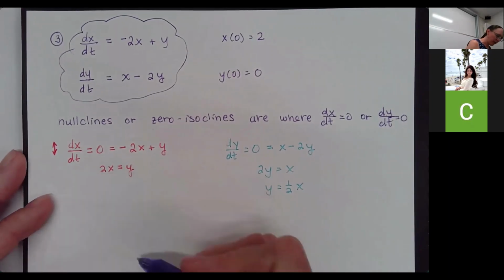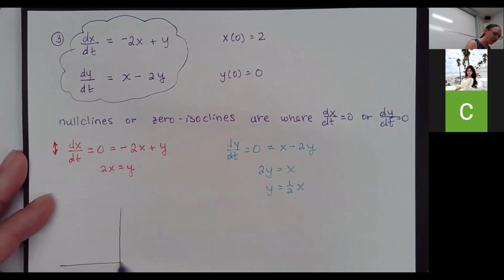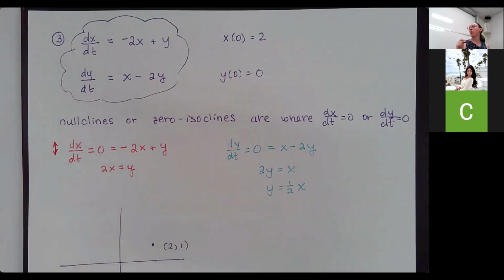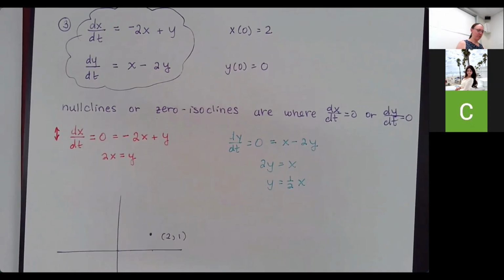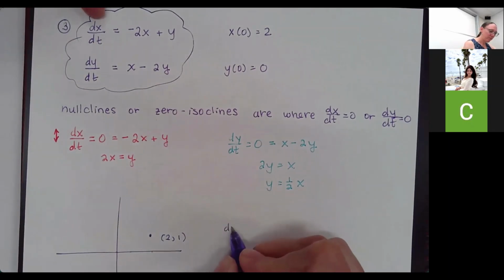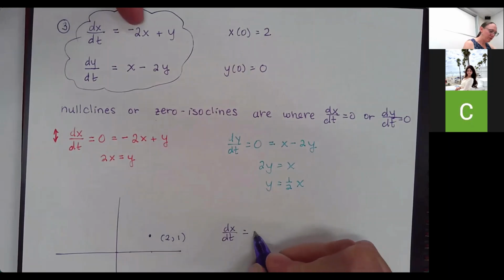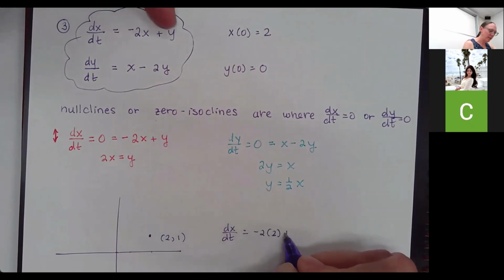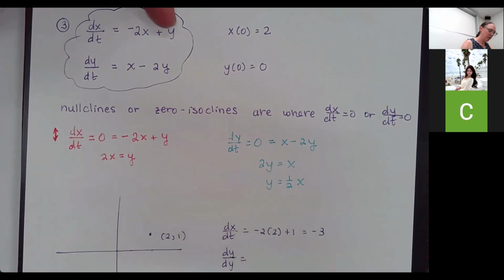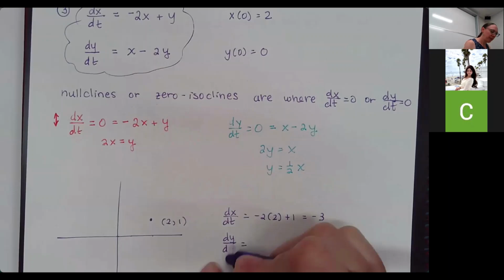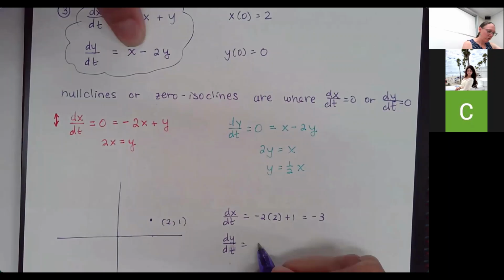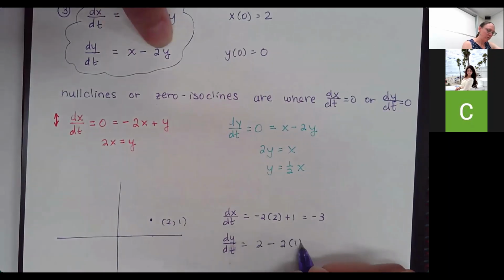So if I were thinking about sketching a direction field and I'm standing at the point 2, 1, and I wanted to know what direction the vector pointed there, then I would get my change in x from doing -2 times 2 plus 1. So that's -3. And I would get my change in y, sorry, dy dt, not dy dy, from 2 minus 2 times 1.